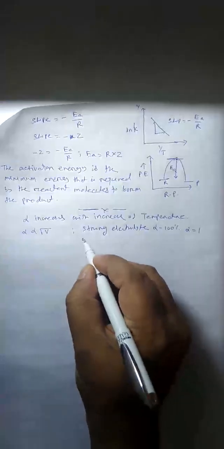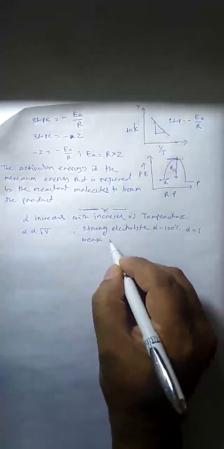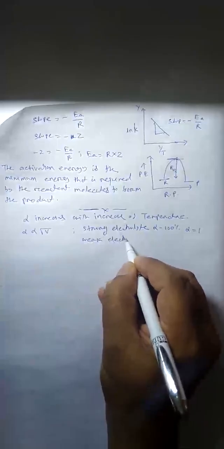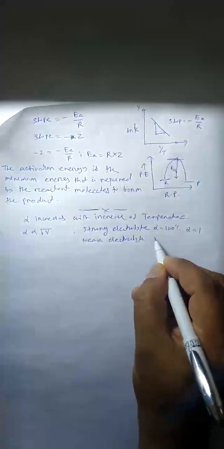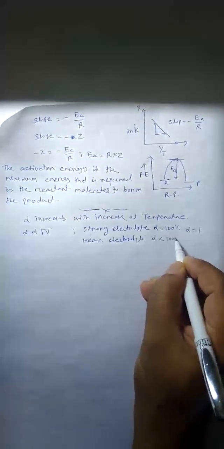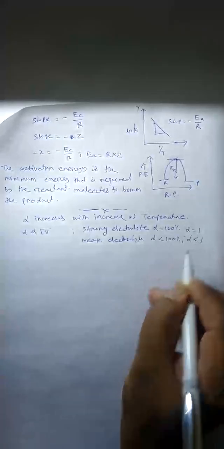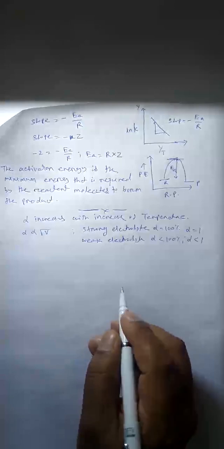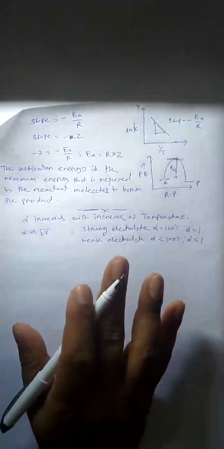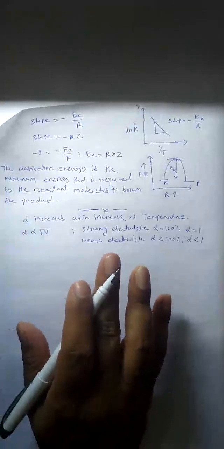In case of a weak electrolyte, alpha is less than 100%, or in terms of ratio, alpha is less than 1. So these three points we already discussed in the previous video.